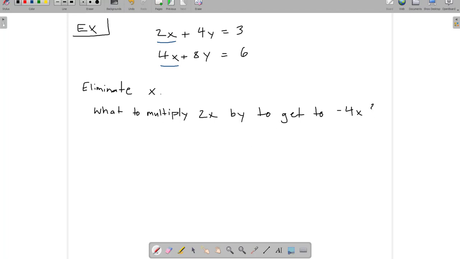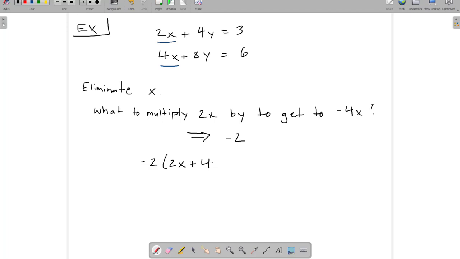So I need to multiply the whole equation by negative 2, it looks like. And that'll be the first equation. So we'll go ahead and do that. We'll multiply the whole first equation by negative 2.